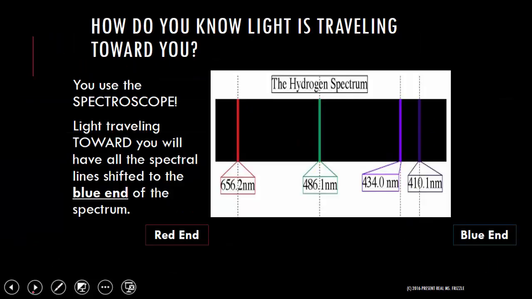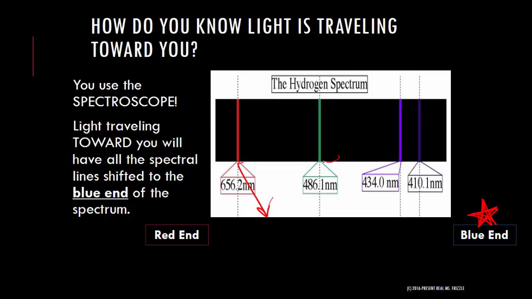So, let's pretend that we have this hydrogen spectrum that we have going on right here. We know that this is what stars are made of, is hydrogen. If light is traveling towards us, remember, that's blue, all of the lines are going to shift towards the blue end of the spectrum. So this red isn't going to be here anymore.